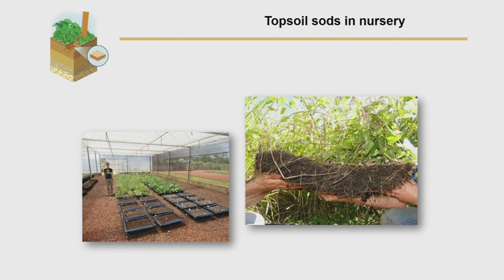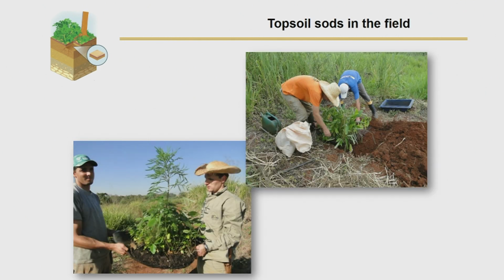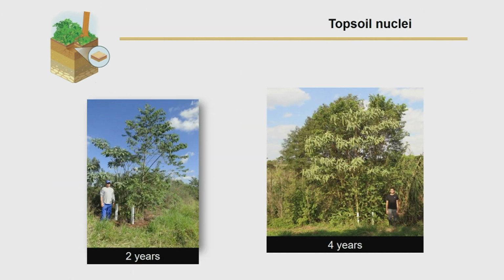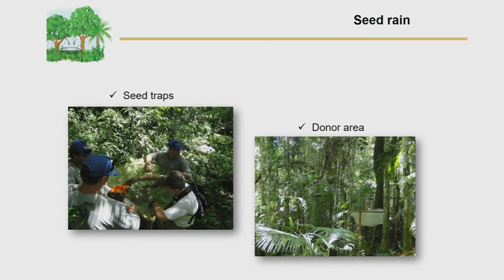So we don't use it directly on the field; we pass it first through the nursery. Here you have a lot of biodiversity, not just plants, but also microbiota and other fauna, soil animals. We produce these sods and put them on the field, and 2 years and 4 years after we have a nucleus on the field.